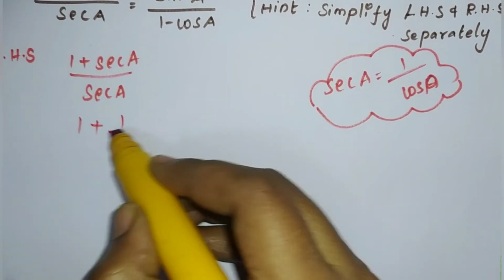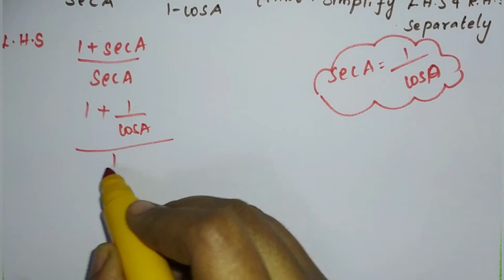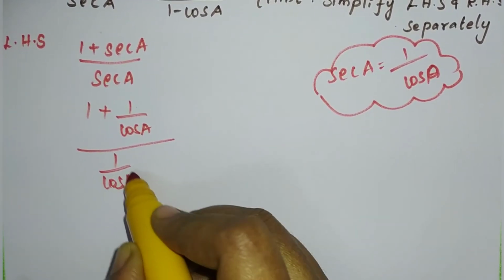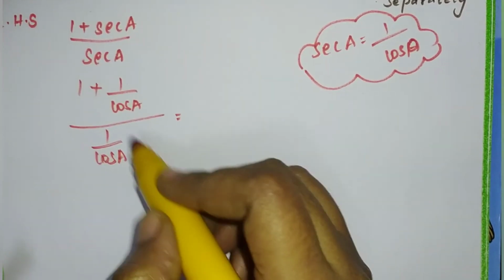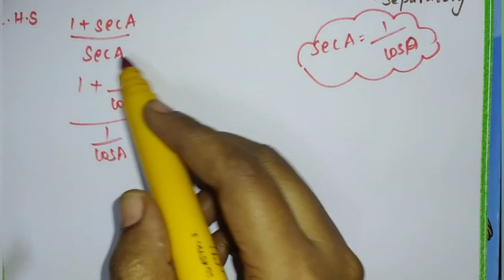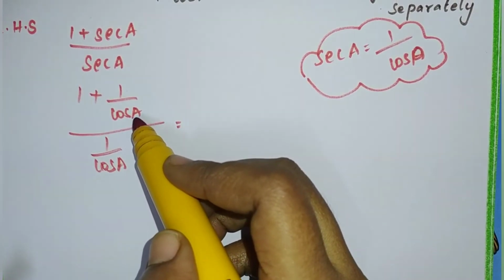1 plus 1 by cos A, divided by 1 by cos A. Write it clearly. You can't simplify the denominator, but we can simplify the numerator.